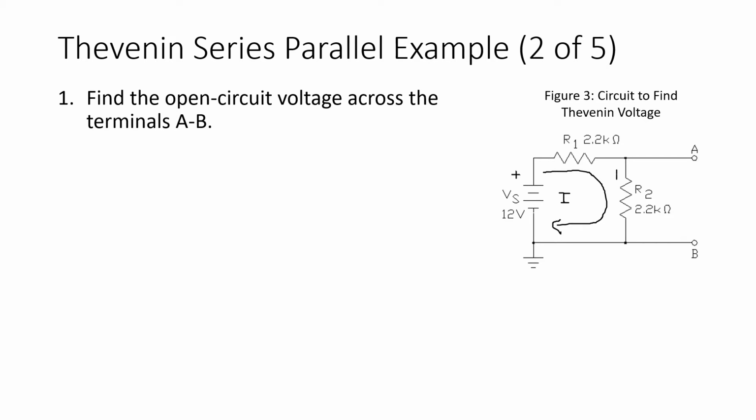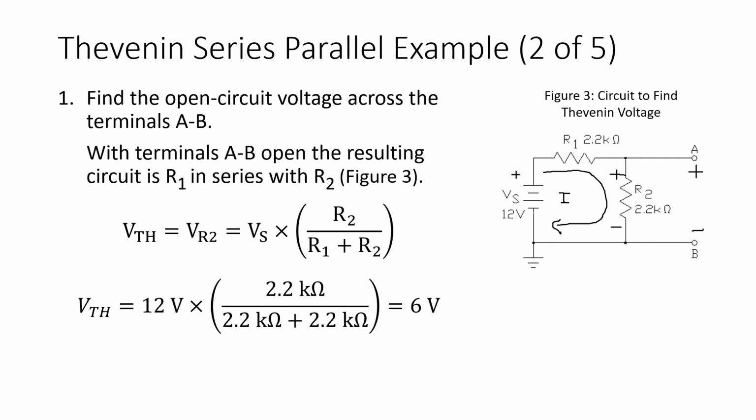And whatever voltage we have dropped across resistor R2 will also be seen across the terminals A and B. So our Thevenin voltage is equal to the voltage across R2, which of course can be calculated using the voltage divider formula, V source times R2 over R1 plus R2, which is 6 volts.